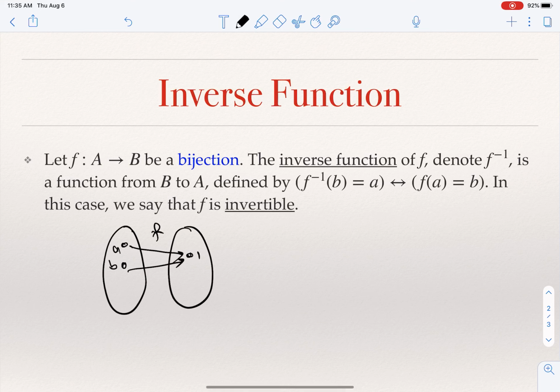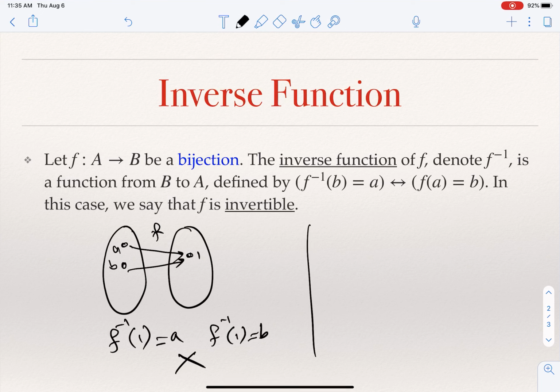If this is f, then what we are saying is that f to the minus 1 of 1 is A, and f to the minus 1 of 1 is B. But this is problematic. This is not a definition of a function. Notice that the inverse has to be a function. And here we are mapping the same element, which is 1, to two different elements. This violates the definition of a function.